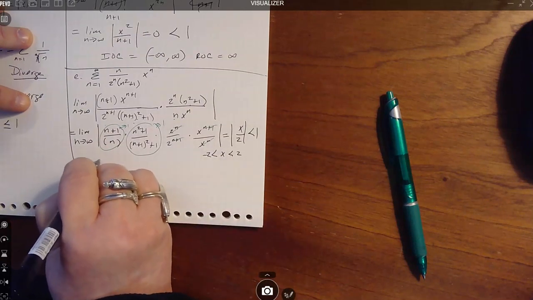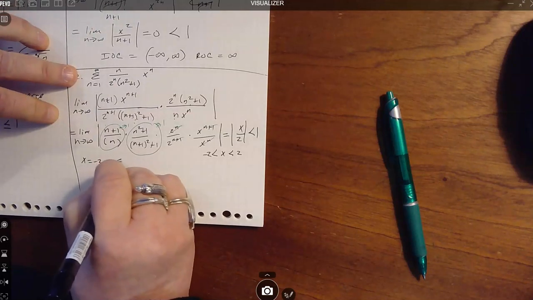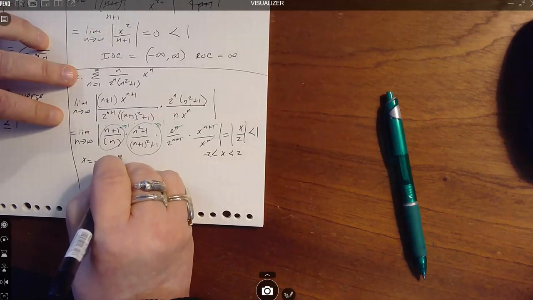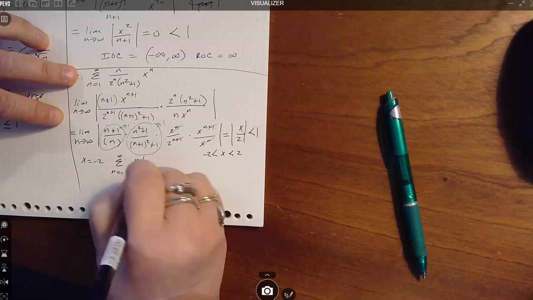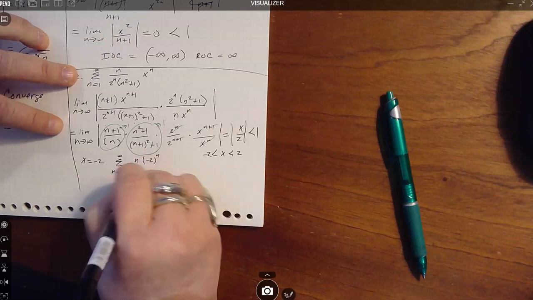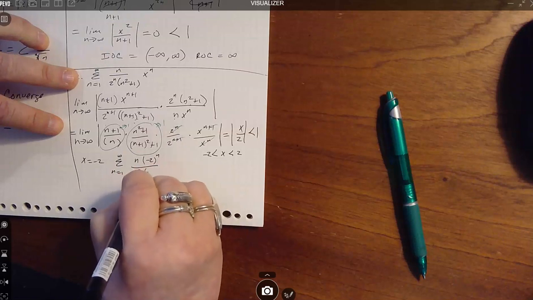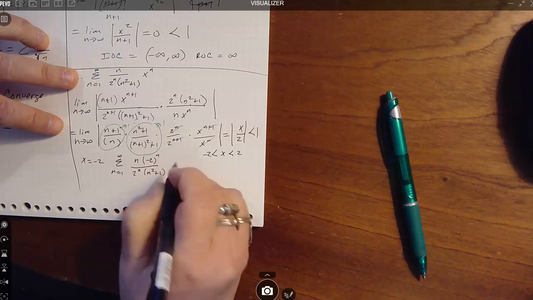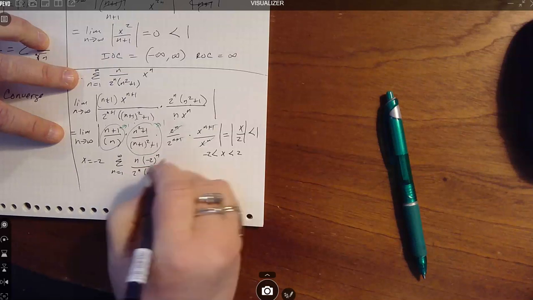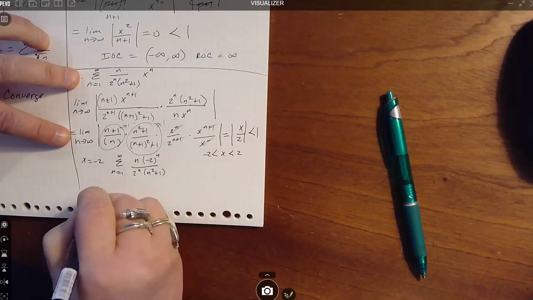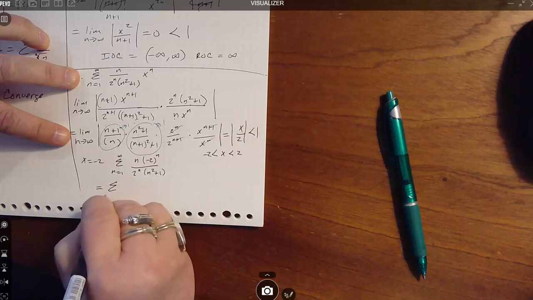If x equals -2, I have the summation as n goes from 1 to infinity of n times (-2) to the n over 2 to the n times (n squared plus 1). This becomes (-1) to the n times 2 to the n, and the 2's will cancel.